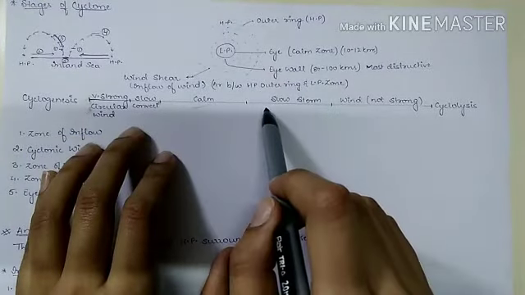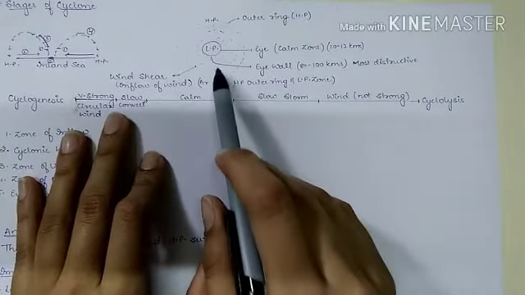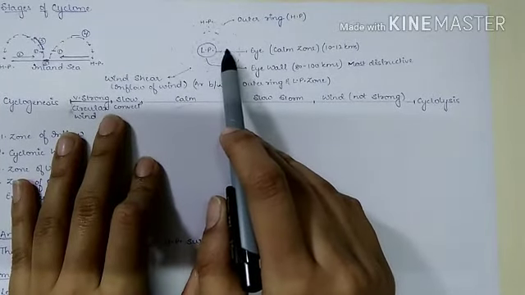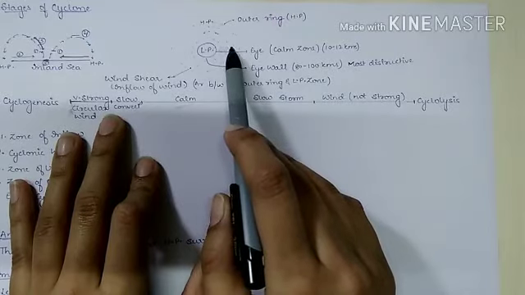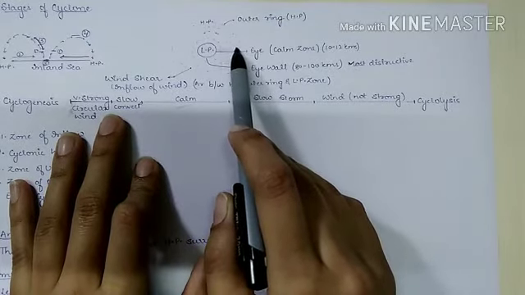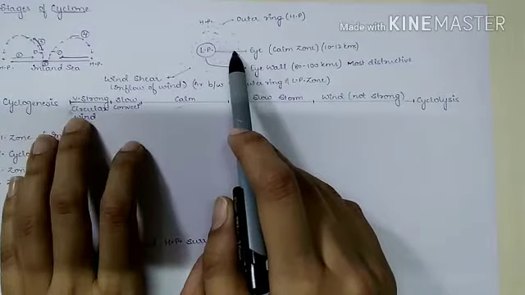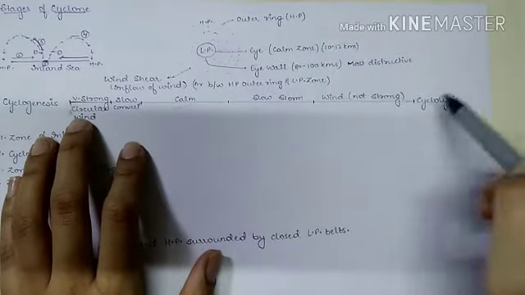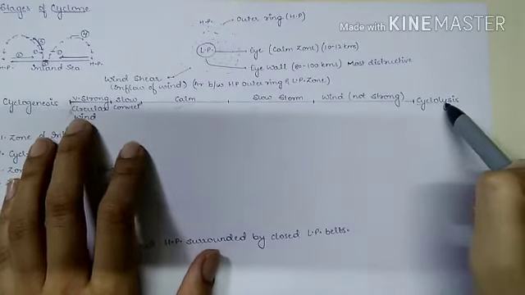After that, slow storm will occur. Okay, as we have reached this side of the cyclone, the slow storm will occur, and then we will find wind, but these winds are not as strong as they were initially. Okay, and lastly we will have the cyclolysis process.